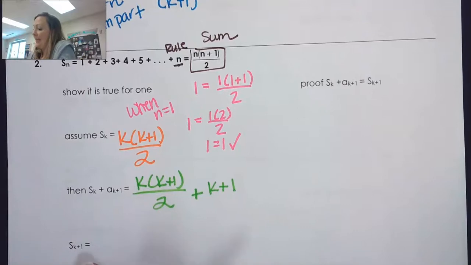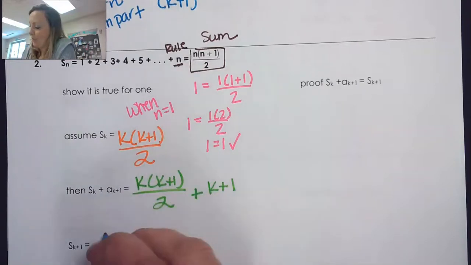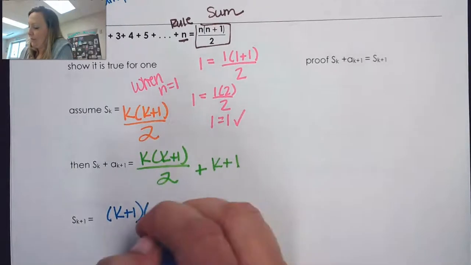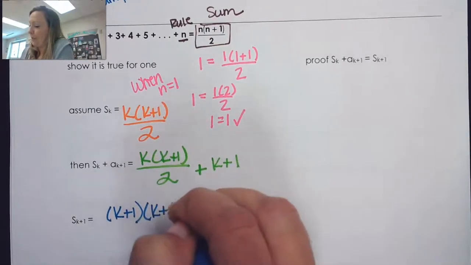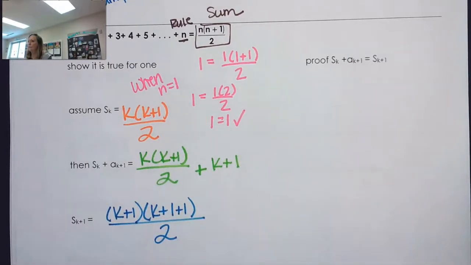So then S sub k plus 1 means that I can replace this sum here with k plus 1s. So k plus 1 times k plus 1 all over 2. Okay. So I'll be very literal in this one.